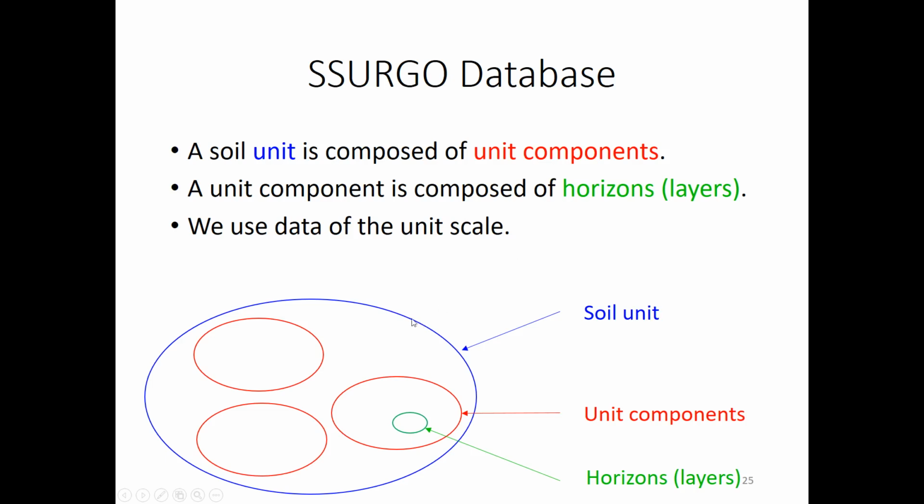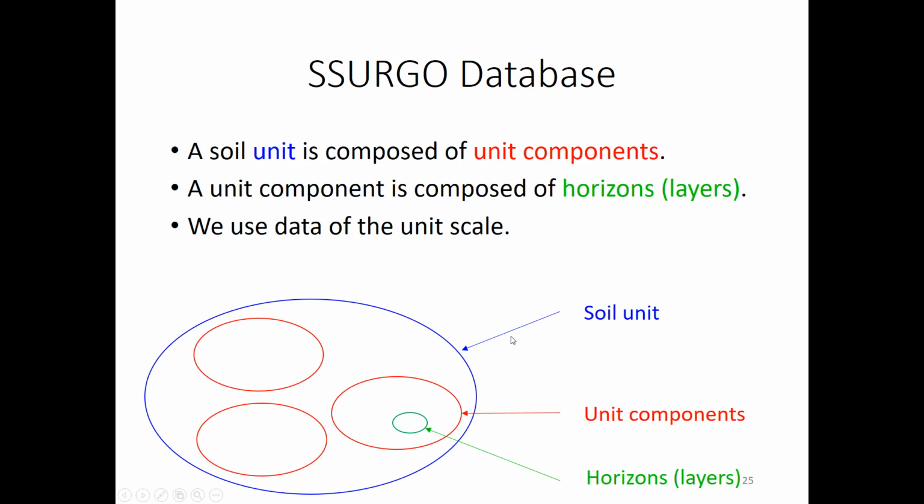What we will need in ArcNLET is for the soil unit. So you have K for each soil unit, but SSURGO doesn't have, let's say, hydraulic conductivity for a unit. This you cannot get from SSURGO. That's why you have to process SSURGO data. SSURGO will give you the data at the horizon level.